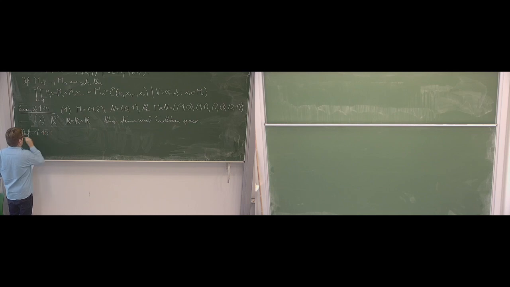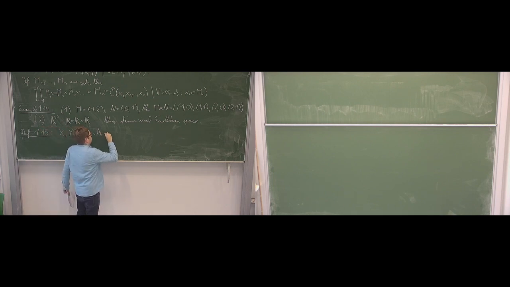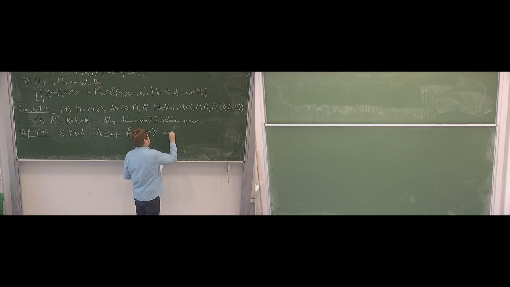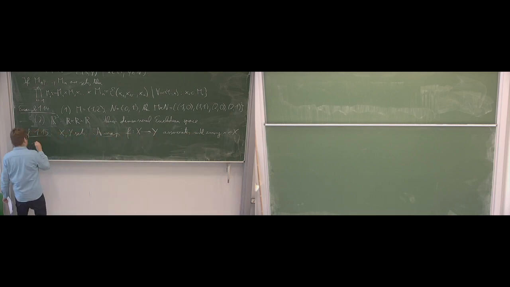Now we take another very, very fundamental definition, namely, if we have two sets, X and Y, we want to define the concept of a map between two sets. So a map is denoted by f: X → Y. So we read this as f goes from X to Y. So a map associates with every element of X an element of Y, and not only that, a unique element.